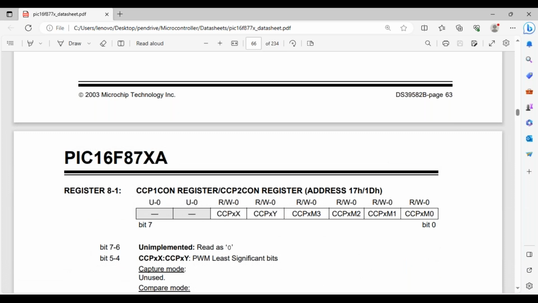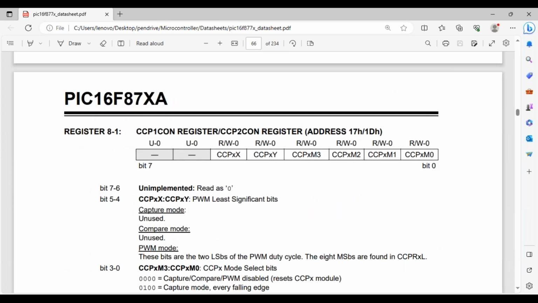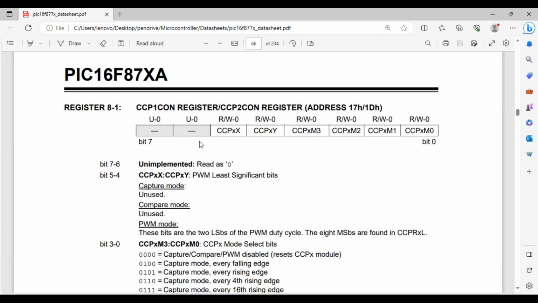In case of pulse width modulation, at which pin of the microcontroller will we be able to see the output? Yes, it is at the RC2 pin of the microcontroller. There will be a modulated waveform generated of the required frequency and required duty cycle at the RC2 pin.